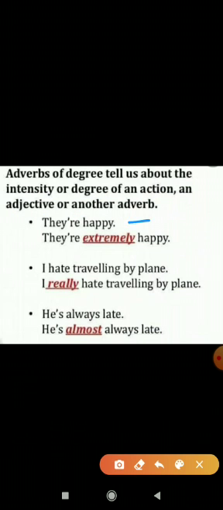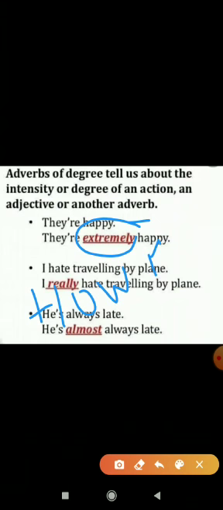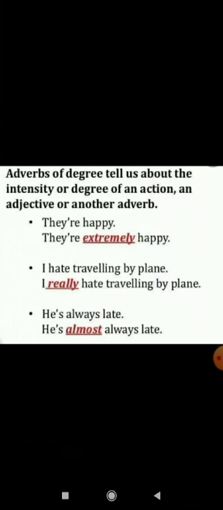They are happy and they are extremely happy. Extremely is an adverb of degree. It tells us how much or to what degree an action happens. To what extent. They tell us how much. Extremely. They are extremely happy.